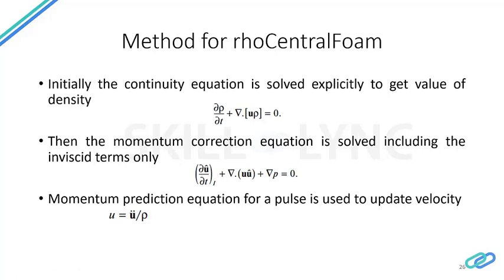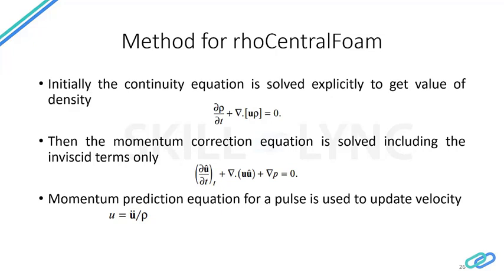Initially, the continuity equation is solved explicitly. From here, we get the value for density. Then we solve the momentum correction equation. This correction equation does not contain any viscous terms. We consider only the inviscid terms.